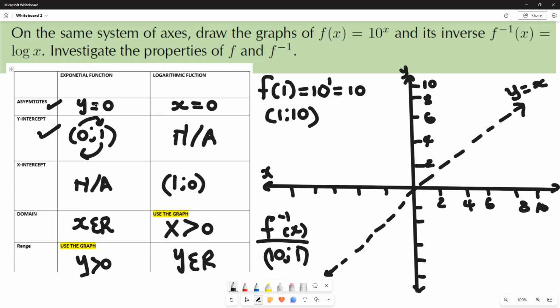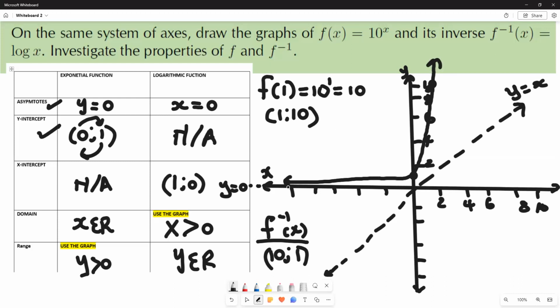I'm going to sketch this graph. So y equals 0 is my asymptote. I just show dotted lines there to say y equals 0. And then (0, 1) is somewhere here, and (1, 10) will be somewhere there, right? And then I don't touch this line. I touch this point, and then I touch that one.